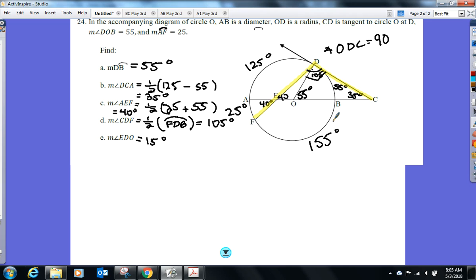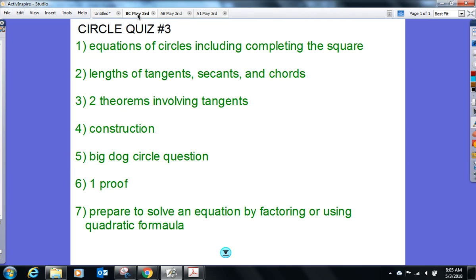Everybody else all right on that big circle one? Anything else? If we get to the proofs, we get to them. If not, that's fine too. Anything else up here? Now that you guys feel a little bit more comfortable asking questions, anything else we got to go over? Yep, Rose. Okay.